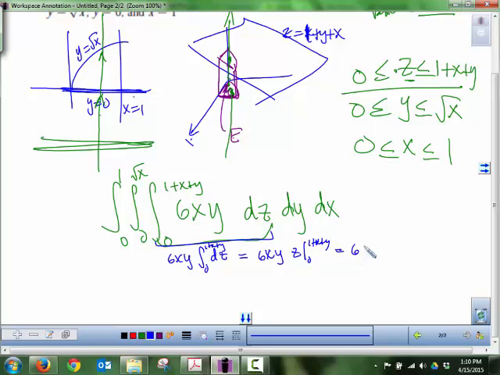And so you get 6xy times 1 plus x plus y minus 0. So that's the first integral, the innermost integral. And we can even simplify that to make it in pieces instead of a product: 6xy, 6x squared y, and 6xy squared.